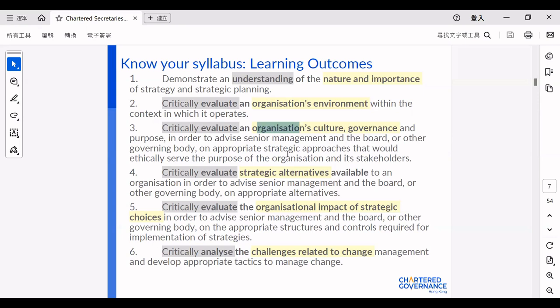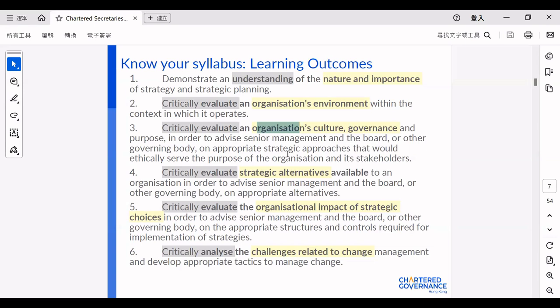Your evaluation should address culture, governance, the purposes, and how this culture, leadership, and all these things can influence the choice of the strategy in the company, and how it is related to the ethical standards, and how they are related to the stakeholders' expectations.